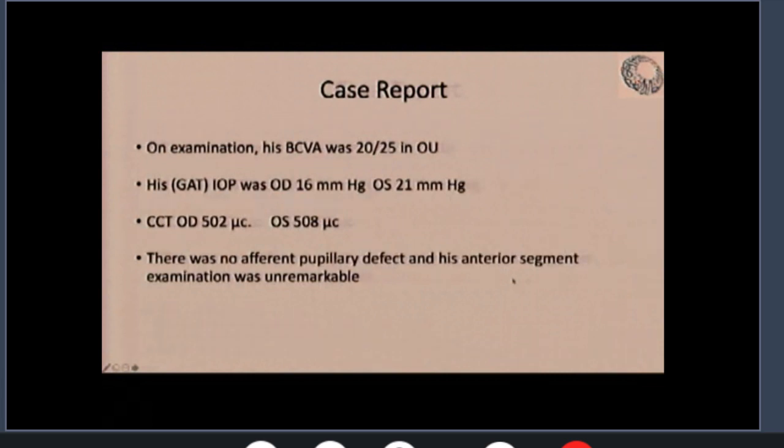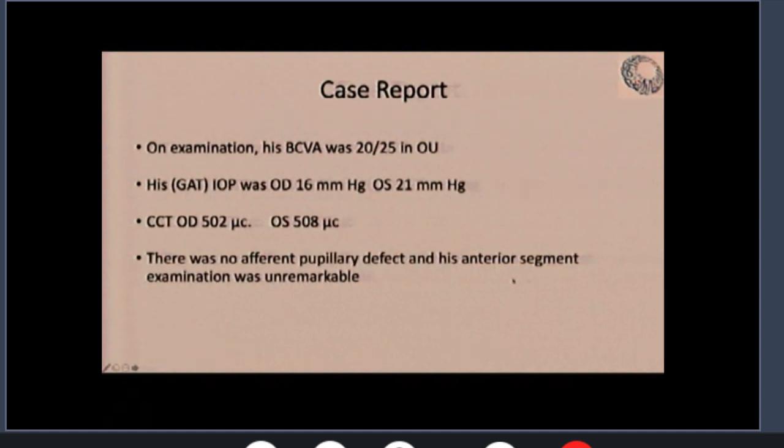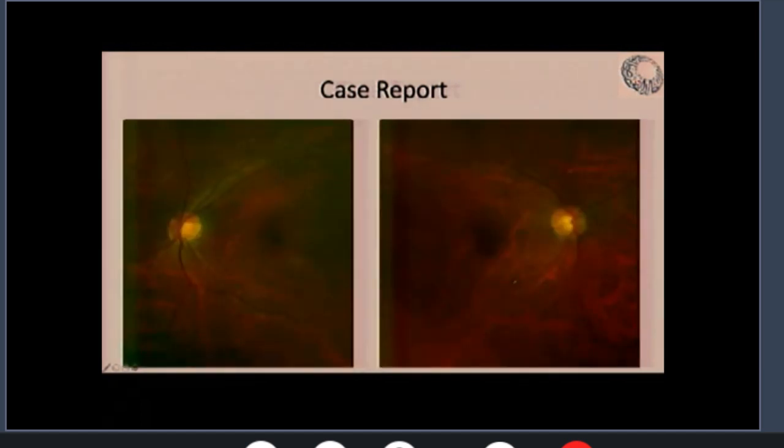This is the physical examination. I see a lot of smiles, so you all know the case. Pressure 16, 21, vision in both eyes 20/25, corneal thickness. There was no afferent pupillary defect, and his anterior examination was unremarkable. These are the optic nerve. Take time, breathe.